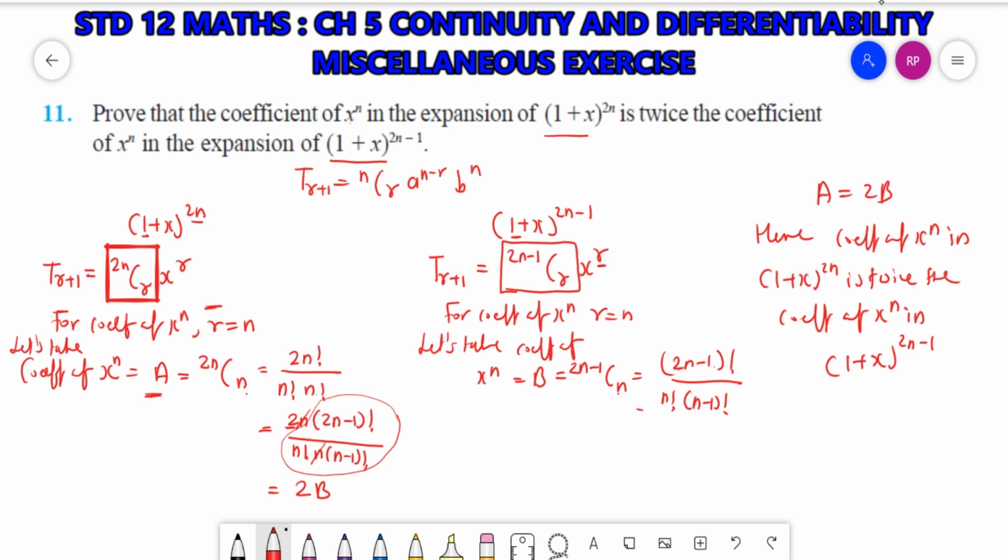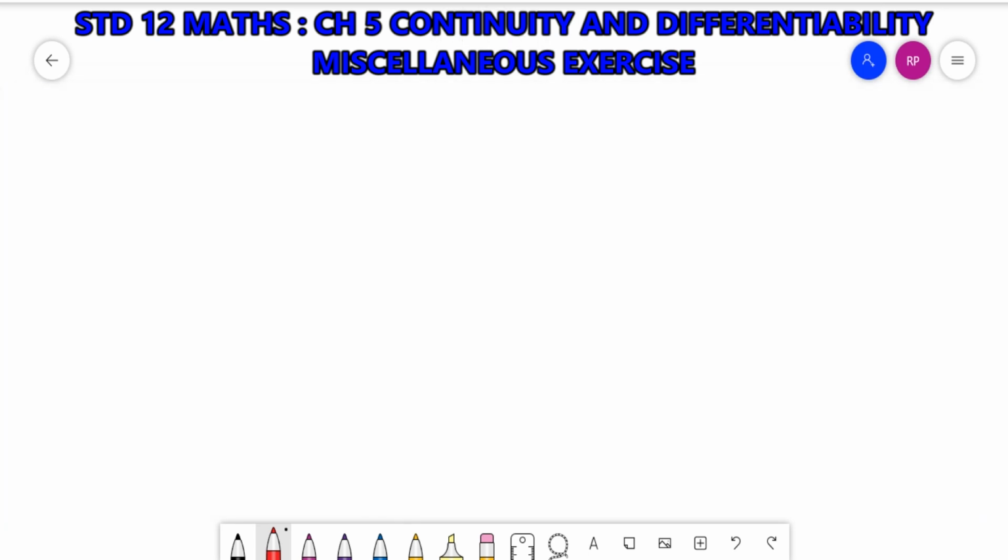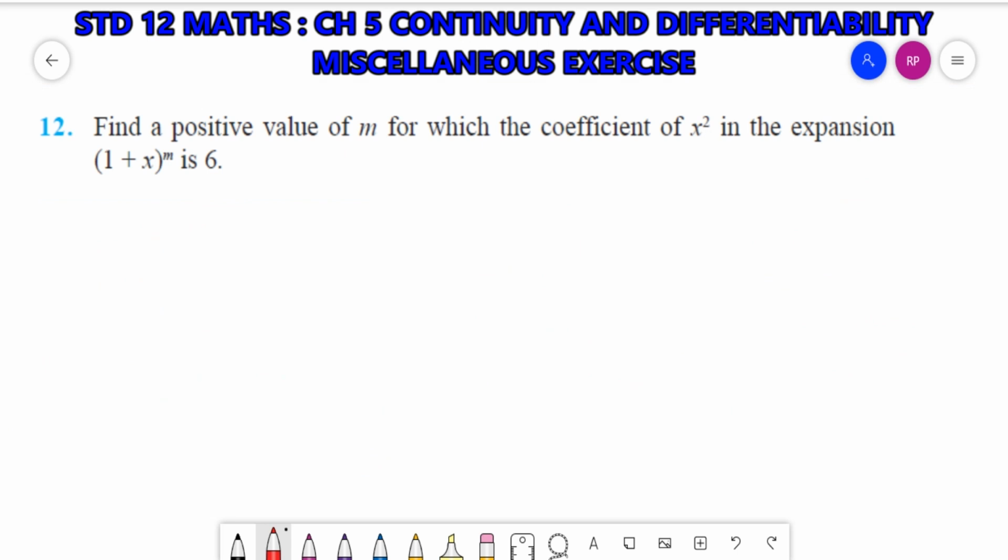Now let's move to the next question, question number 12, that is the last for this exercise. Find a positive value of m for which the coefficient of x^2 in the expansion of (1 + x)^m is 6. So first again I am writing the general term T(r+1) = nCr a^(n-r) b^r.